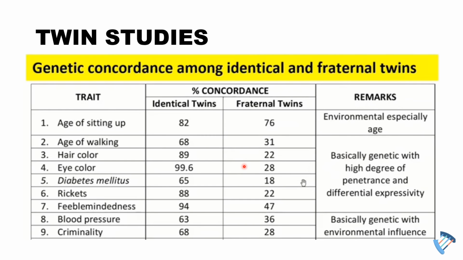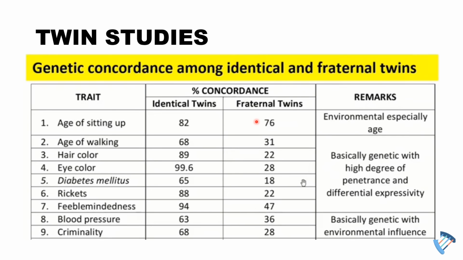Sa twin studies kasi, we have here what we call genetic concordance among identical and fraternal twins. Dito makikita na yung age of sitting up, yung concordance sa identical twins, 82%. Yung sa fraternal twins, 76%. May effect yung environment, especially on the age.